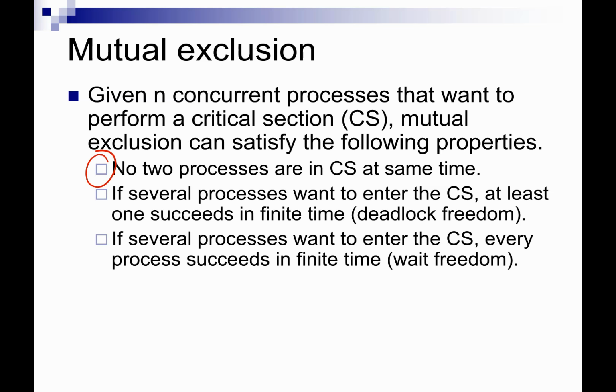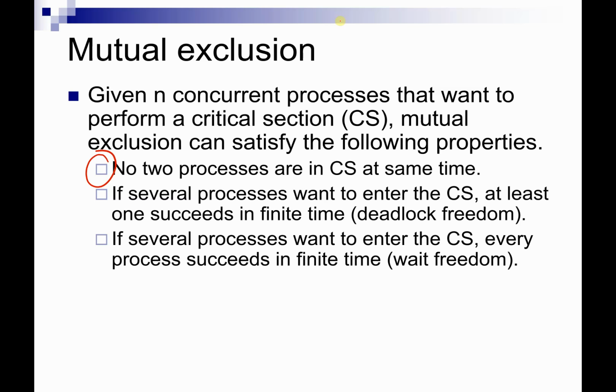And that process maybe can enter multiple times, in fact, because it can enter the critical section and then come back again and enter again. That would be fine for deadlock freedom. But in wait freedom, you want to make sure that eventually everybody gets a chance to enter the critical section. Maybe let's illustrate this with an example.